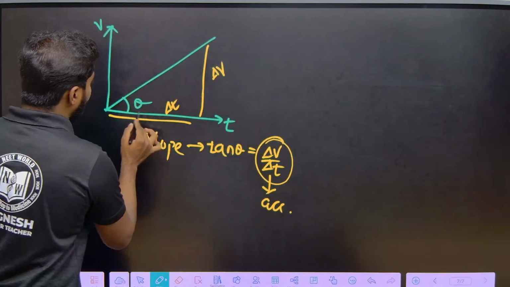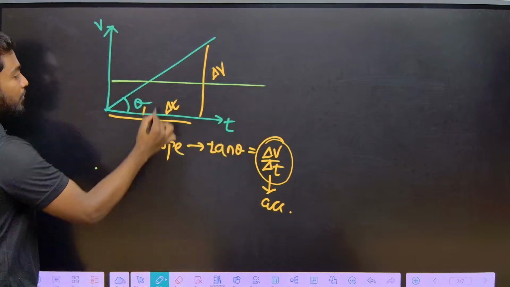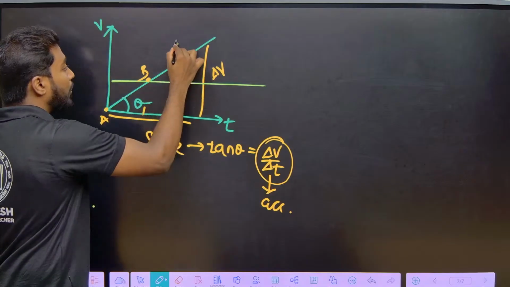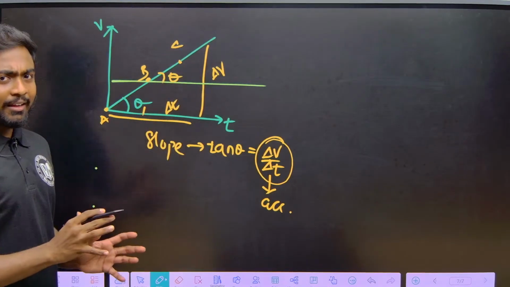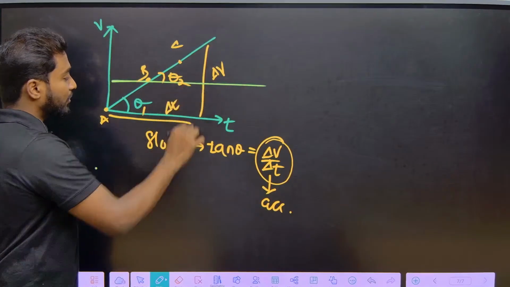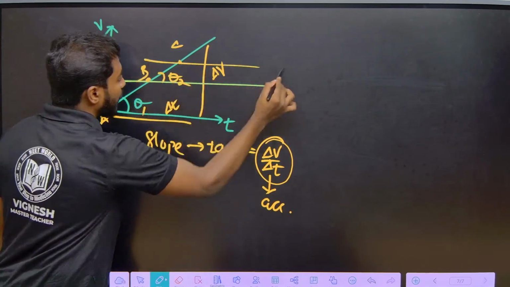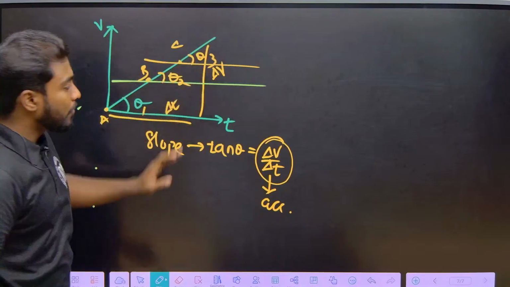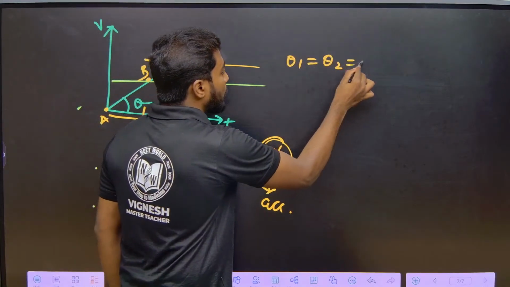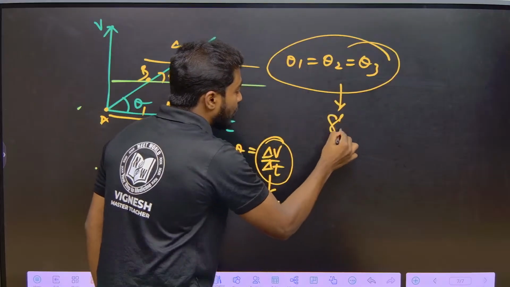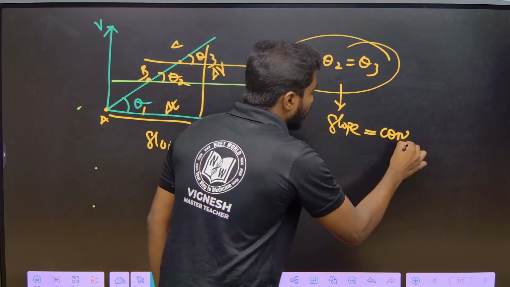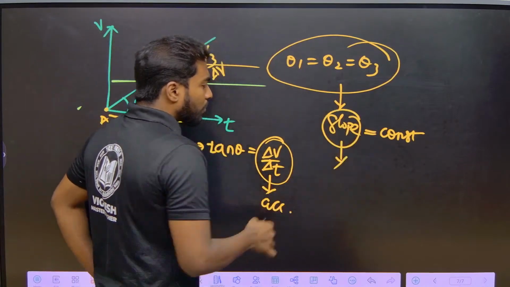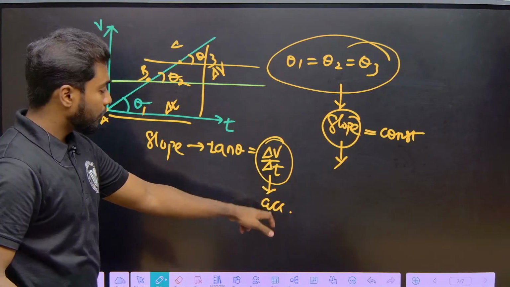Here, if I talk about this slope, this is theta 1. When I take a parallel line, and this point is B, this point A, the object goes from point A to point B and point B to point C. If I want to calculate the slope, this is tan of angle theta 2, this is theta 3. So in this graph, theta 1 equals theta 2 equals theta 3. What can you understand? Slope is constant. Slope is delta v by delta t, acceleration, right?